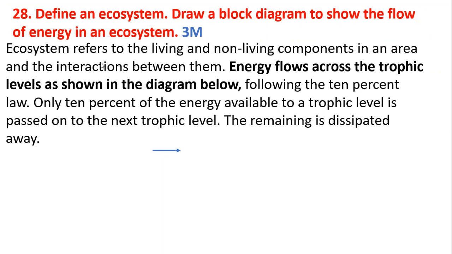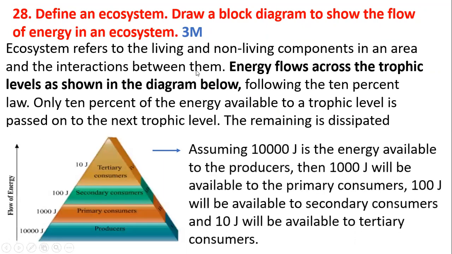Just to see the definition: ecosystem refers to the living and non-living components in an area and the interaction between them. Living are the biotic components, like animals and living things, and non-living things are abiotic components like soil, water, air, energy factors.